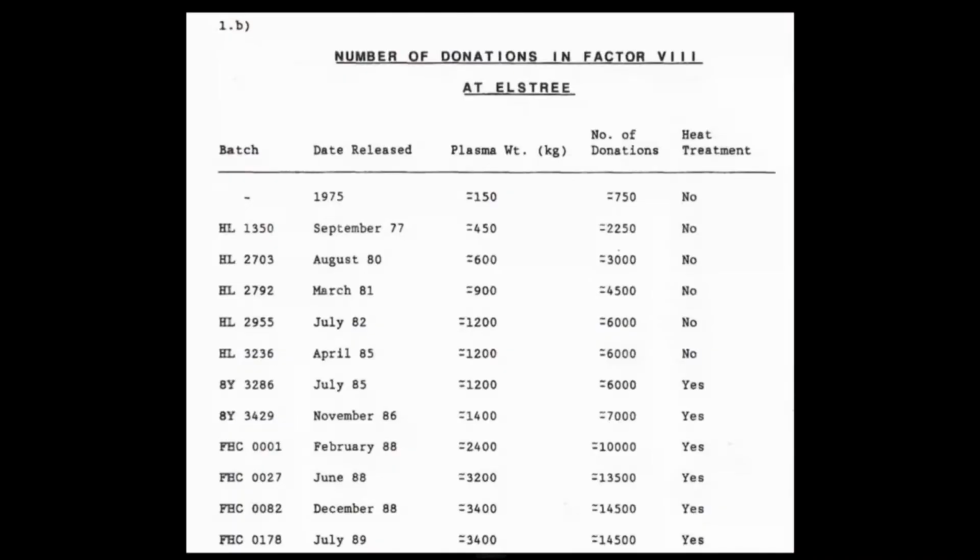Final question, I promise, on pool size, at least from me. From July 1982 in this table until July 1985, we see that the same plasma weight is given for the 3 batches that are fractionated, 1,200 kilograms.